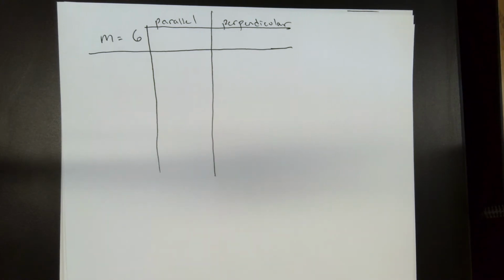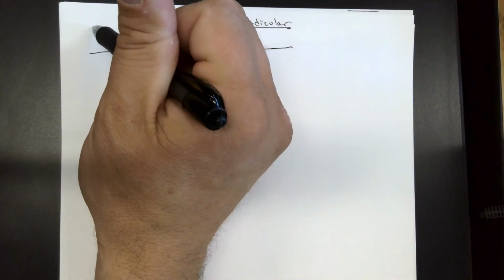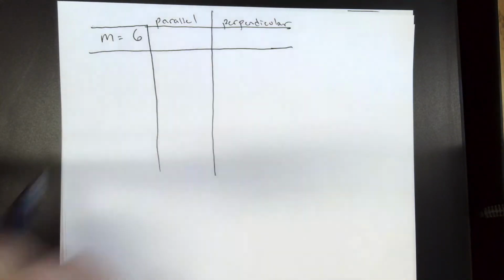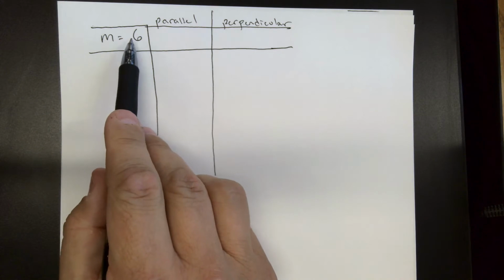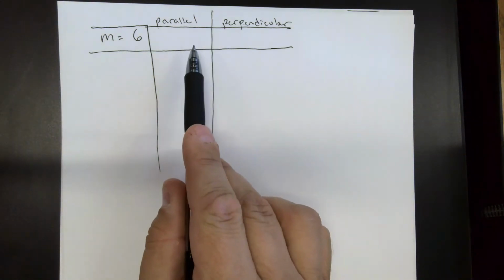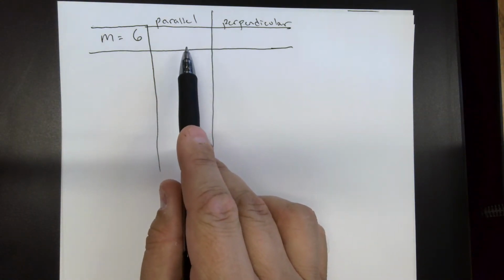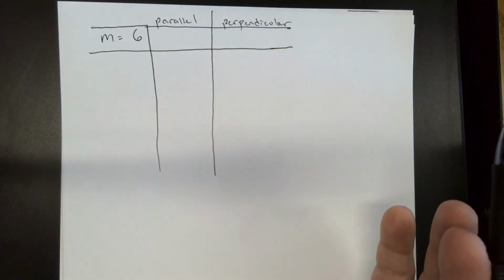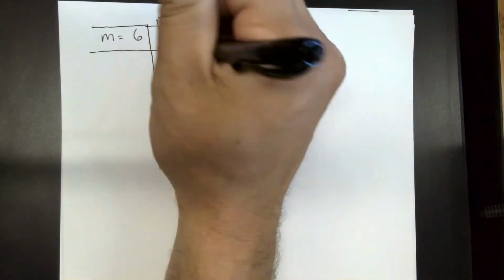Okay, the thing about lines, so let me ask you guys a question. If I have a slope of a line and it's 6, what do you think the slope of a line parallel to it is? It has to be 6. Yeah. Okay, if it was anything else other than 6, at some point they would cross. So parallel slopes are always the same.